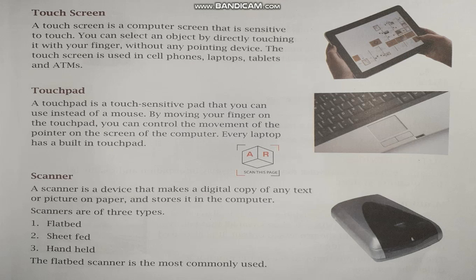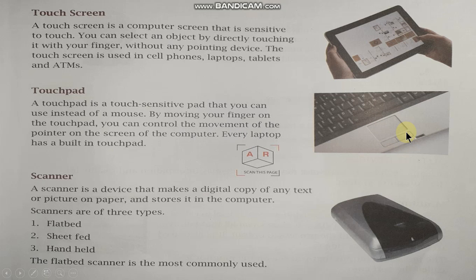A touchpad is a touch sensitive pad that you can use instead of mouse. By moving your finger on the touchpad, you can control the movement of the pointer on the screen of the computer. Every laptop has a built-in touchpad. Here in the image, it is a touchpad.